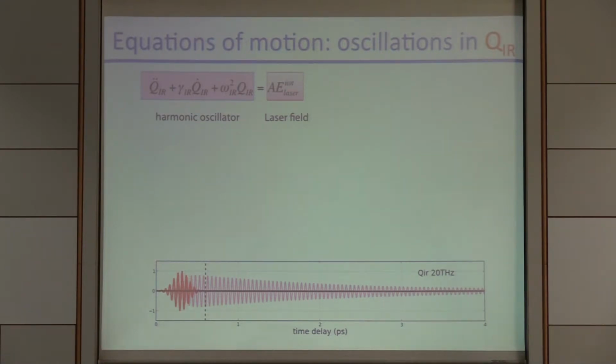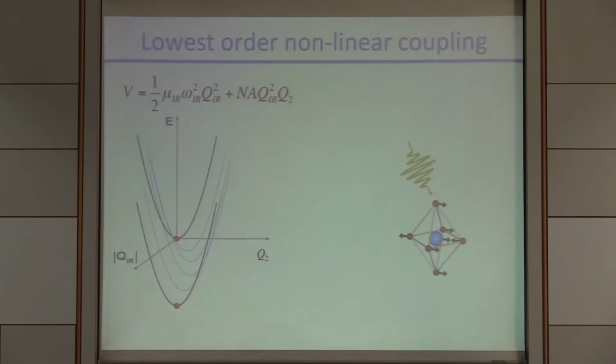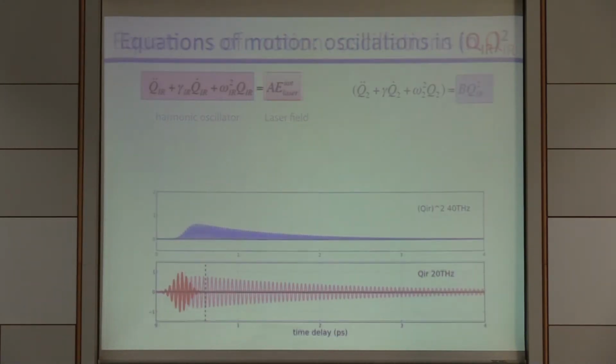Okay. And now, if I think about this term and the equations of motion, what will happen is that a second mode, which is coupled in this Q1 squared Q2 term, will be driven not by the laser field, but by the square of the Q1 coordinate. So what I will have is a force on the mode Q2, which is the square of a sine, which has got a finite average.